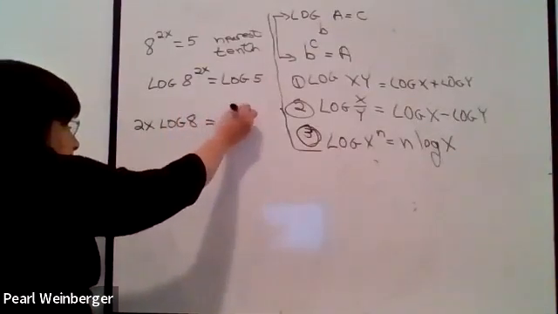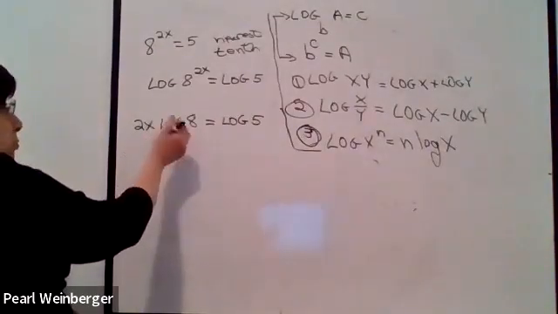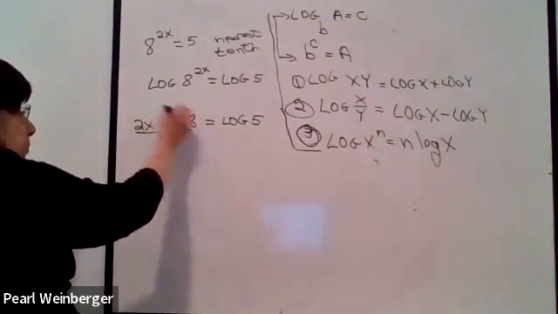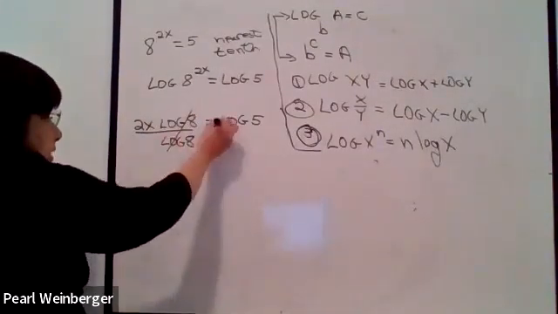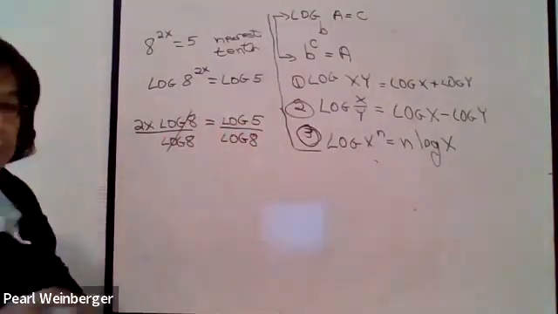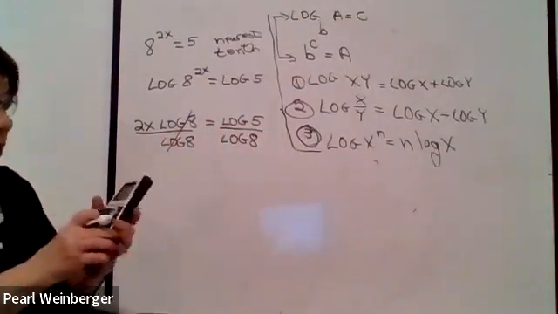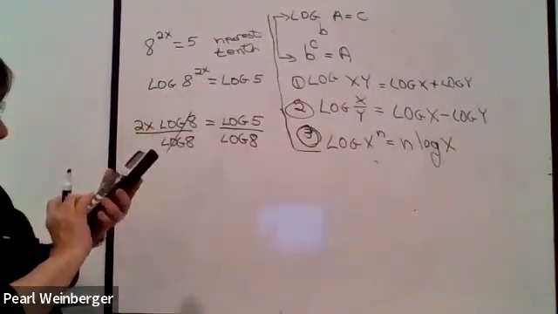equals log 5. So the first thing I'm going to do is divide out. I want to get rid of this log 8, so I'm going to divide both sides by log 8. And that I have to do, remember, I'm doing log base 10, so I can use my calculator.